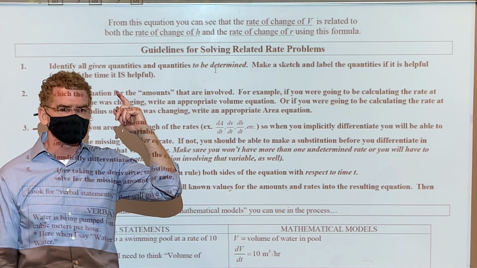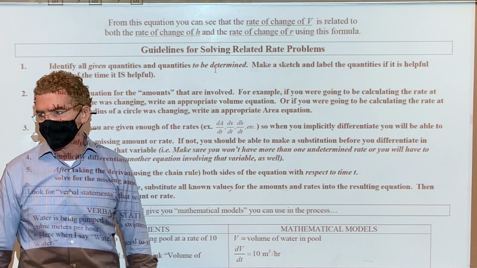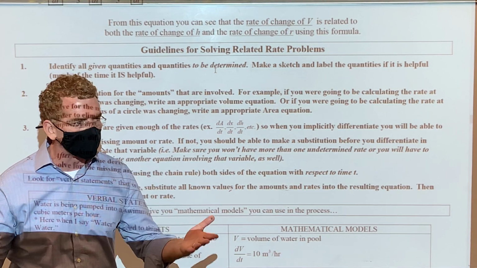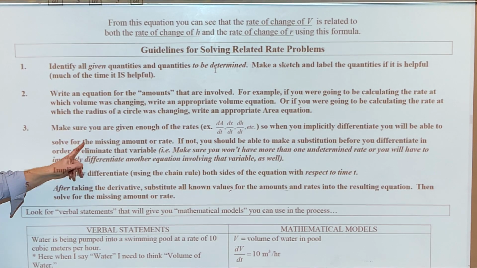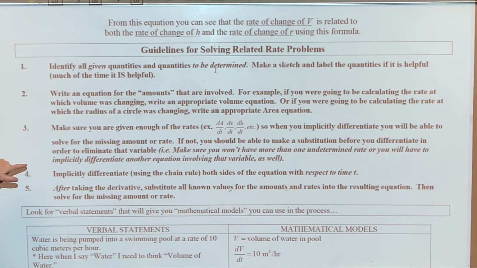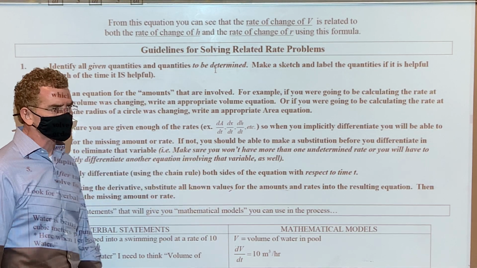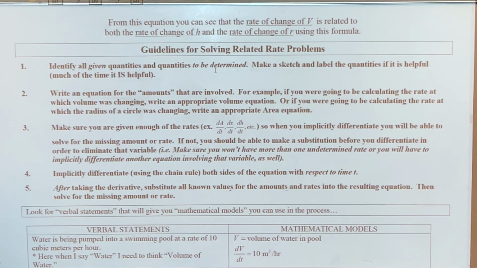Now I can tell you, there's one example off the top of my head where the math does not end up being easier. But I'm just telling you, as a whole, I think you're going to be better off making substitutions before you begin to differentiate. All right? Number 4, implicitly differentiate. That's the chain rule, essentially, or the power rule, or whatever it is that's going on.